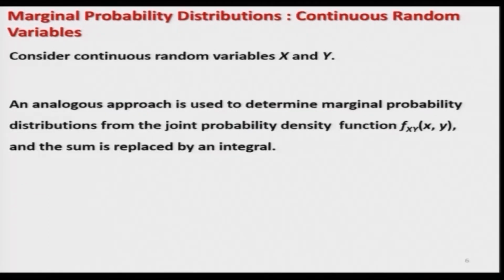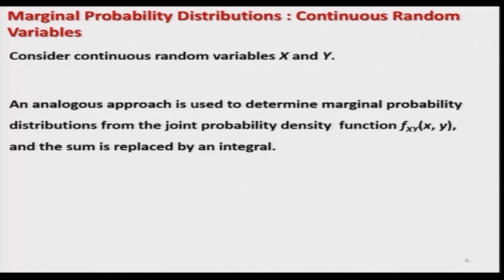Right. Now, we come to the aspect of marginal probability distributions. I do not think there is any need to explain what the marginal probability distribution is, because we already have understood them. So, whatever approach you adopted in the case of discrete random variable in defining the marginal probability distribution, a similar approach is going to be adopted in the case of joint PDF also.